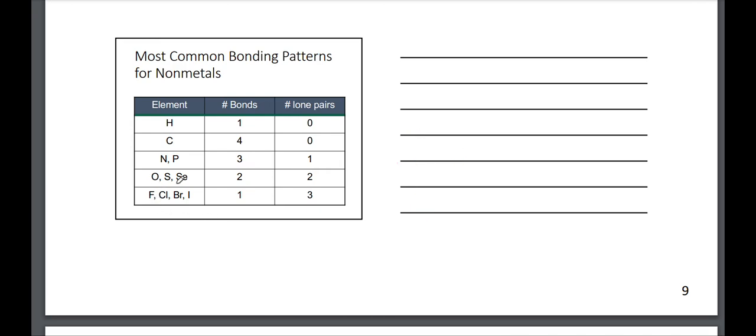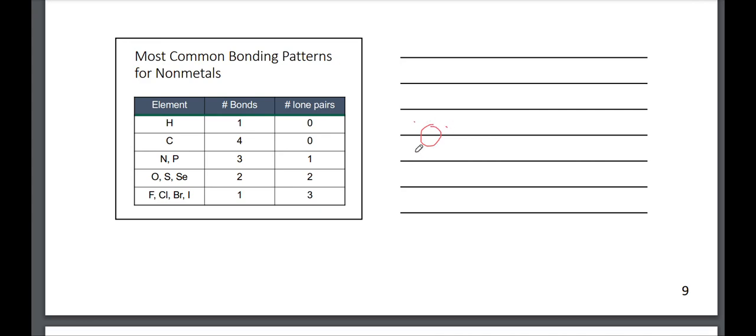Oxygen, sulfur, selenium, they act the same way. They behave similarly because, again, they belong to the same group, right? So it forms 2 bonds and it has 2 lone pairs. Why? Because if you look at oxygen, for example, oxygen has 6 valence electrons.